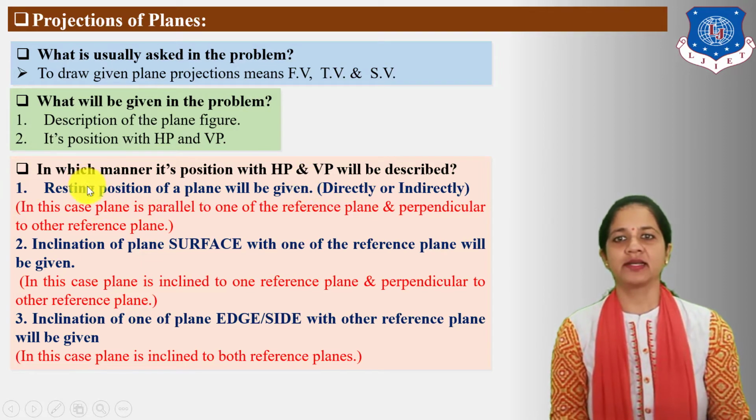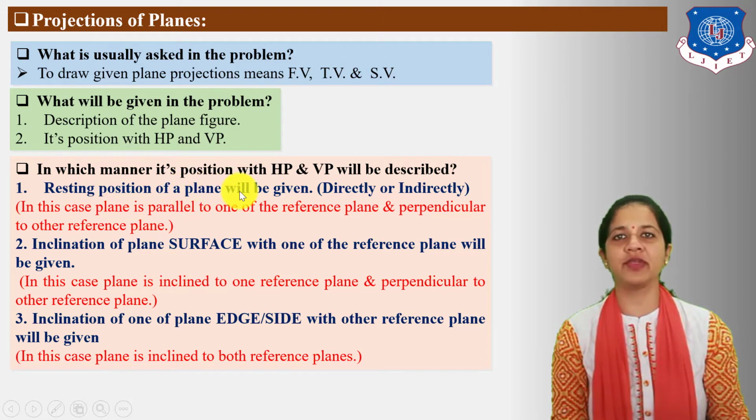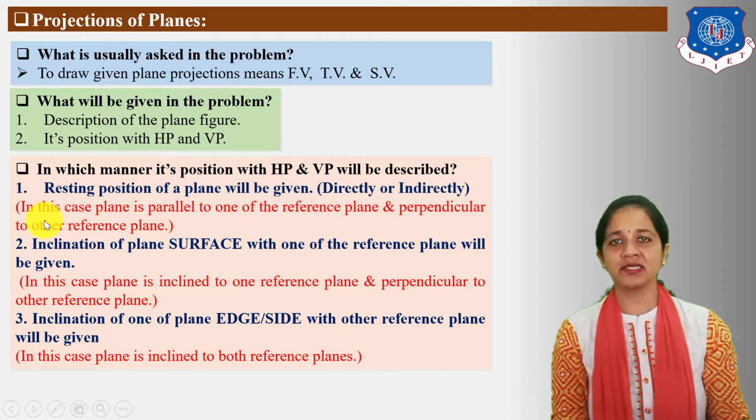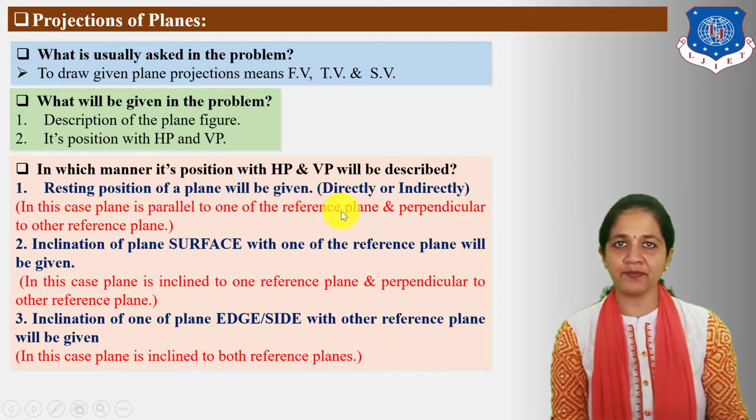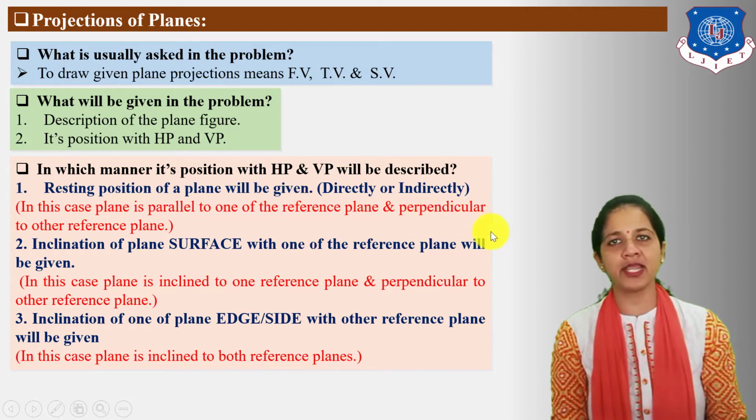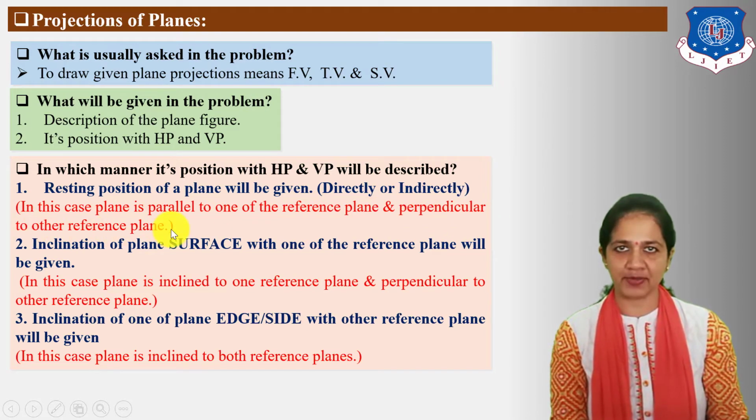First case, the resting position of a plane will be given directly or indirectly. Means in this case, the plane is parallel to one of the reference planes and perpendicular to the other reference plane.